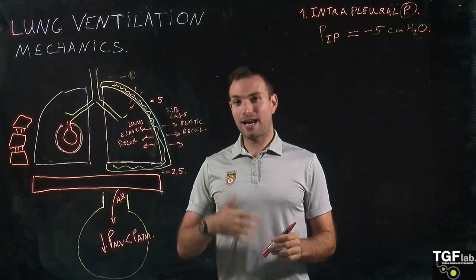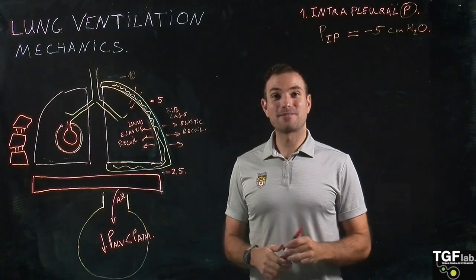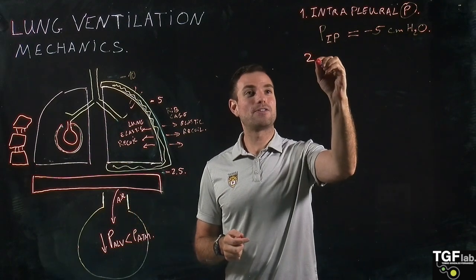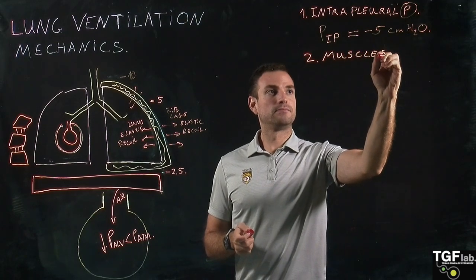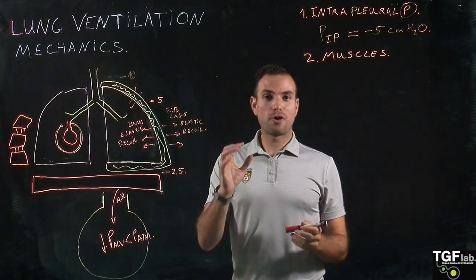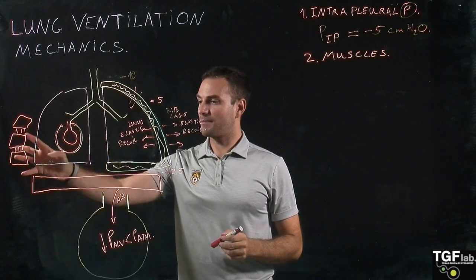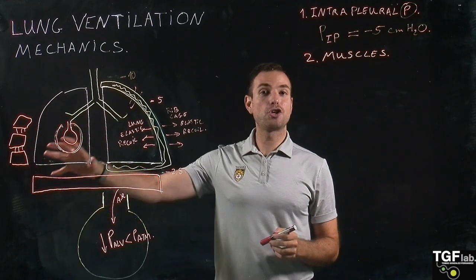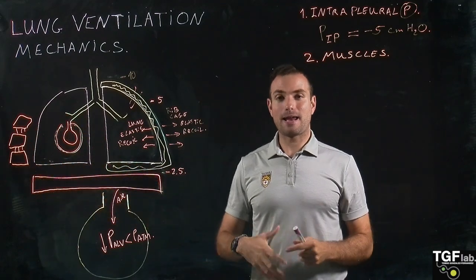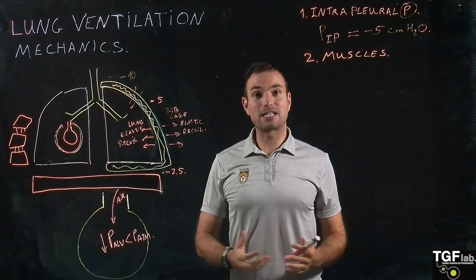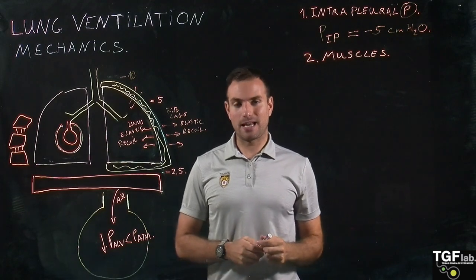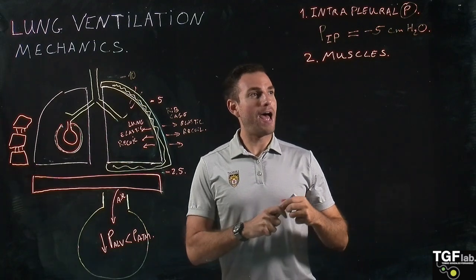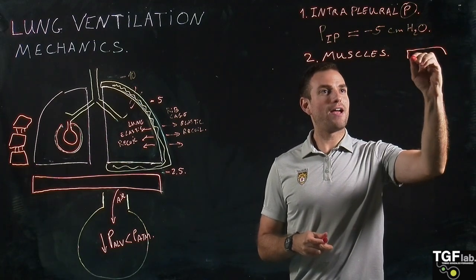Therefore we need another force to make this happen, and this force is due to the rib cage muscles. We have two important muscles here: the intercostal muscles and also the diaphragm. They participate in decreasing this pressure, making it more negative, so we can get the air from the atmosphere inside the alveoli. So here we have the diaphragm.